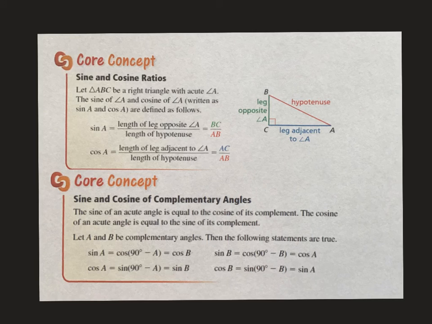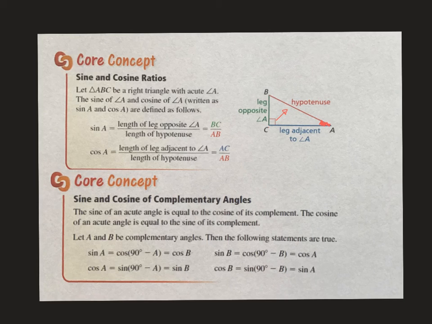So when we look at our ratios for sine and cosine, it is all dependent upon what angle we're talking about. So they're talking specifically about angle A in this picture. So our opposite side is this green leg, our adjacent side is this blue leg, and remember our hypotenuse is always opposite that right angle.